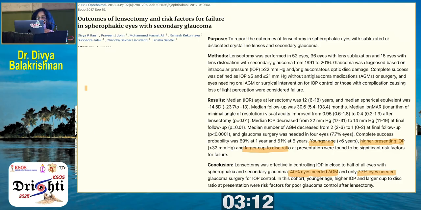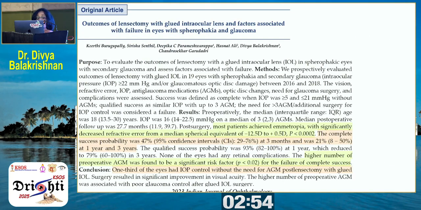So whether the lensectomy will help in this condition, there is already published literature. This study by Divya has shown that with lensectomy alone without any IOL, in 50% of the patients IOP reduction happened, and only 7% needed any surgical procedure.